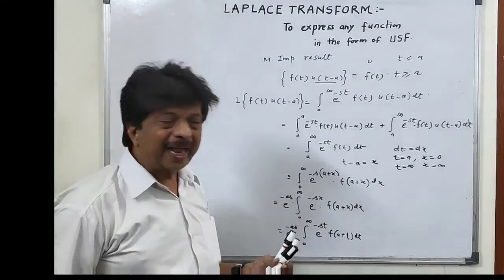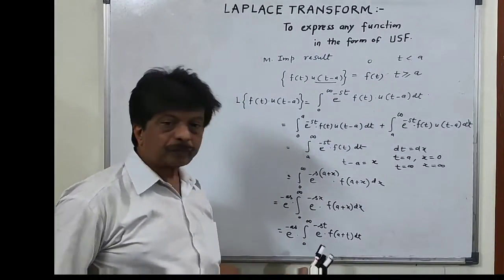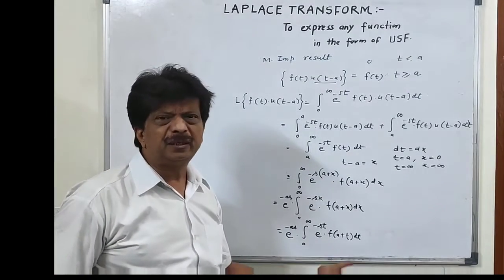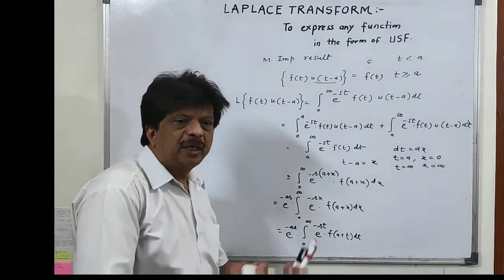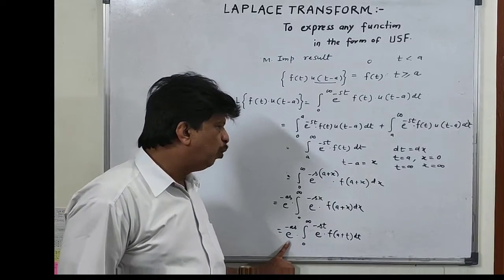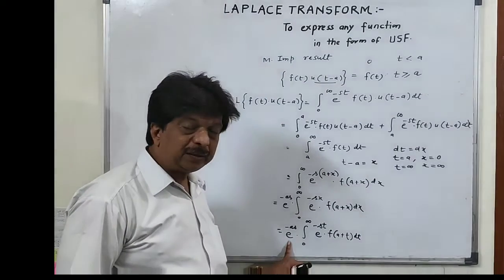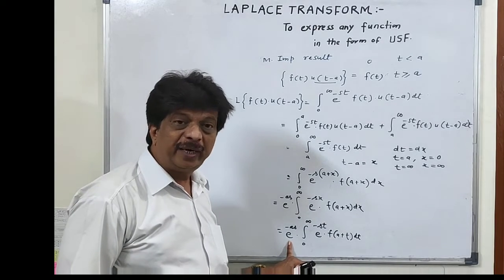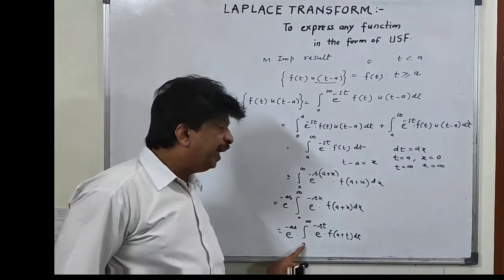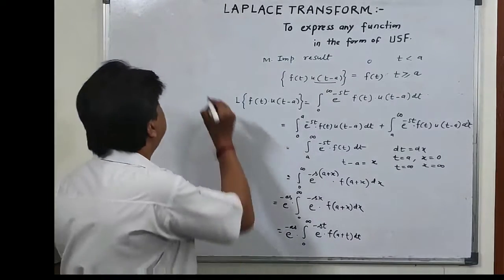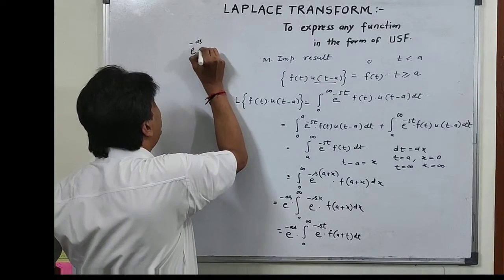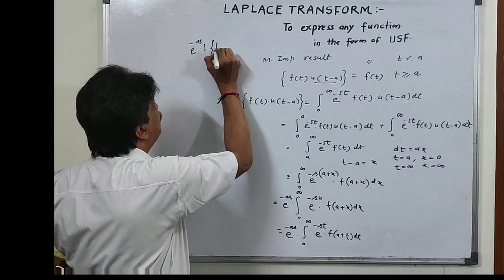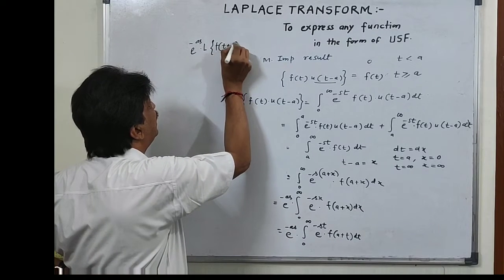Here the dummy variable x has now been replaced by t, just to understand its conversion. So our Laplace transform of f of t into u of t minus a is equal to e raised to power minus as into the Laplace transform of f of t plus a.